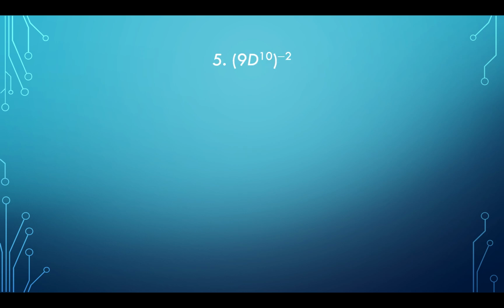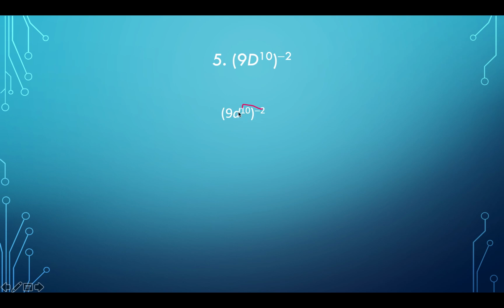In number 5, we have, in parentheses, 9 d to the 10th, close parenthesis, to the negative 2 power. What we have to do with this negative 2 is distribute it to each number and each variable in that set of parentheses.